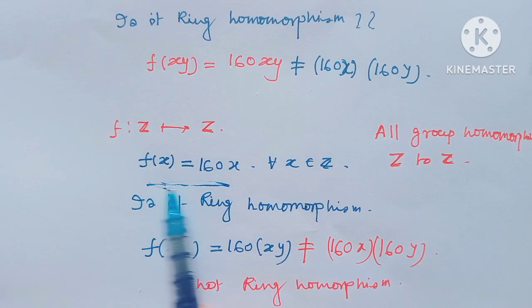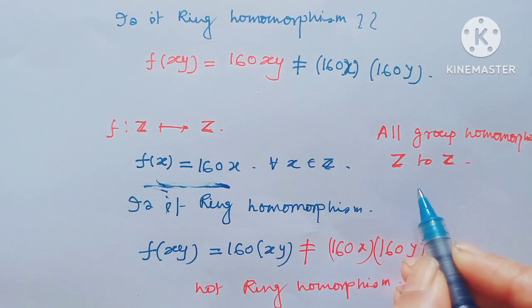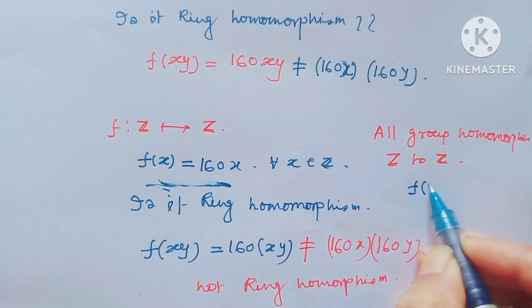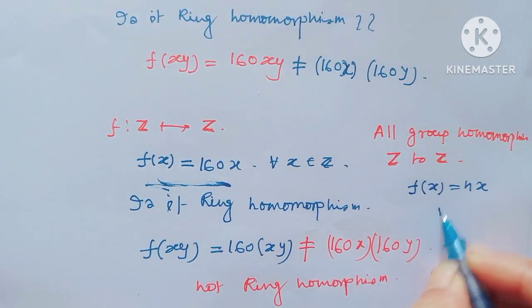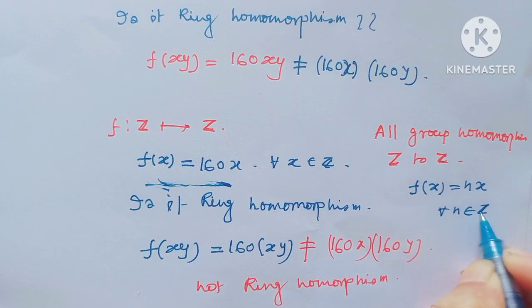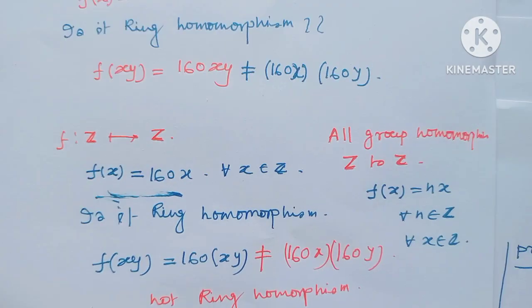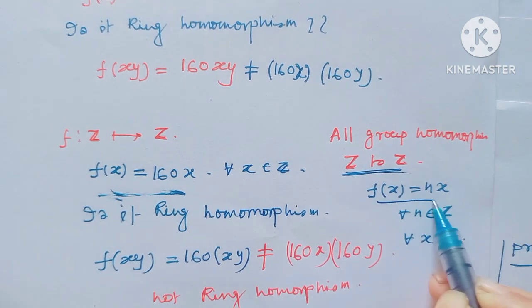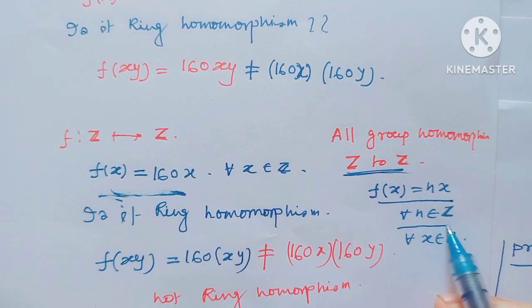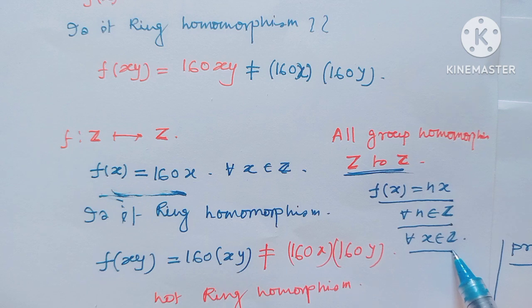Since I have seen this is a group homomorphism, all group homomorphisms look like f of x equal to nx, for all n belonging to the integers and for all x belonging to the integers.